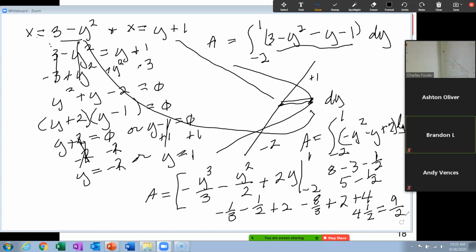But then, once you hit that point there, you're going from the lower lobe of the parabola up to the straight line. So you have to break the function into two pieces and add the two integrals together. What a pain in the neck. So even though we're not used to doing dy's, in this case, that's the way to go, folks. That is definitely the way to go.